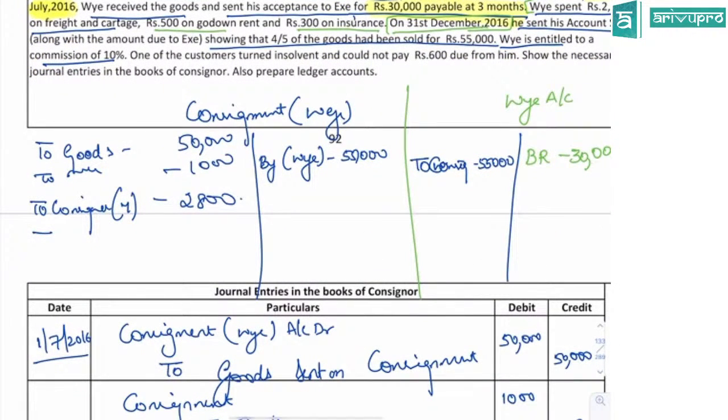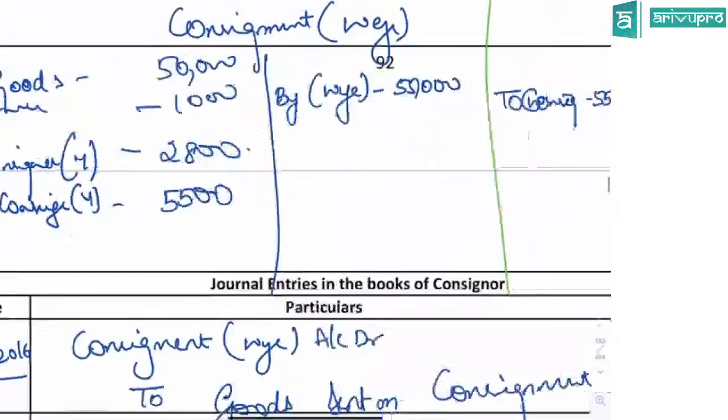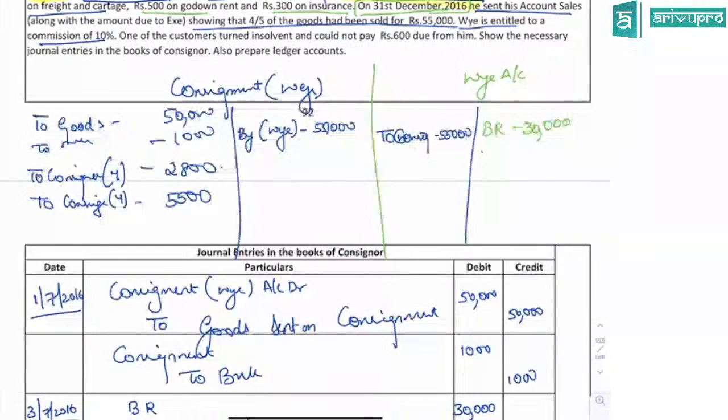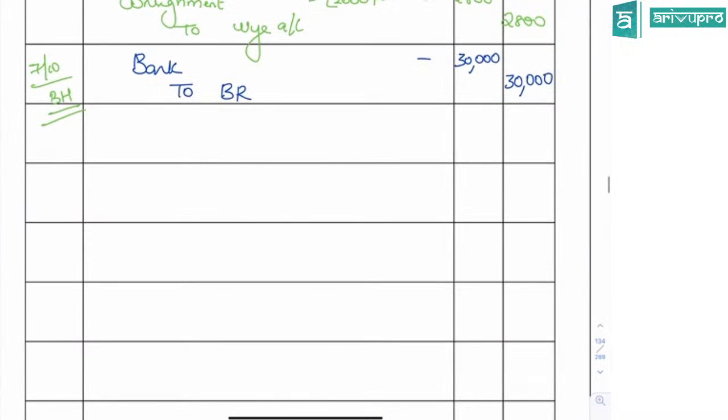Consignment to consignee, which is my Y. How much is the amount? 5,500. And in Y's account, I will be writing, I have two expenses, that is by consignment 2,800, by consignment 5,500. So here, are you clear?